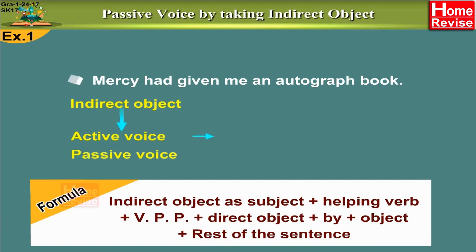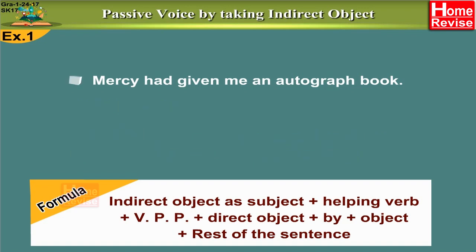When it is used in the active voice, the indirect object is always in the objective case, so it will be in the form of me, him, her or them. These are all objective cases. Whereas in a passive voice, you are going to begin the sentence with that indirect object, so it should go in the subjective case, like I, he, she, or they.